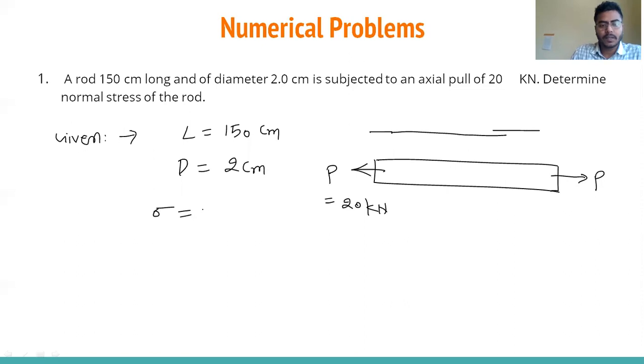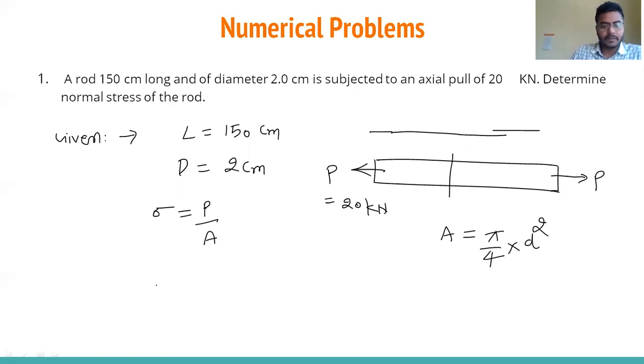What is the formula? Sigma is equal to P divided by A. A is the cross section area. So what will the cross section area be here? Diameter is given, this is circular, so pi by 4 into d square. D is given as 2 centimeter.